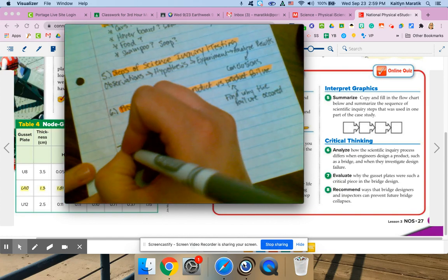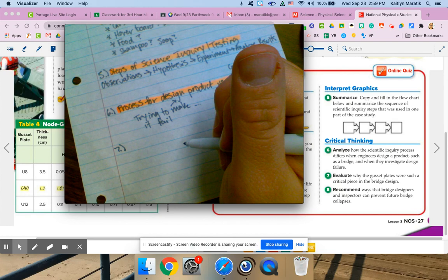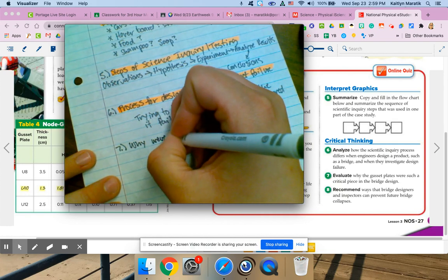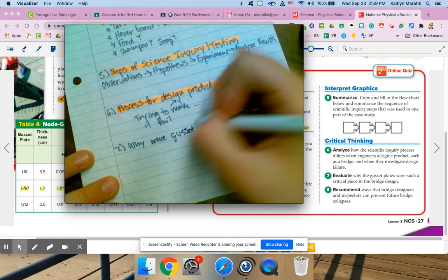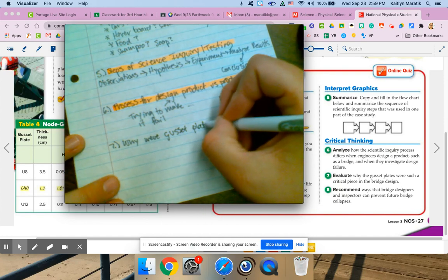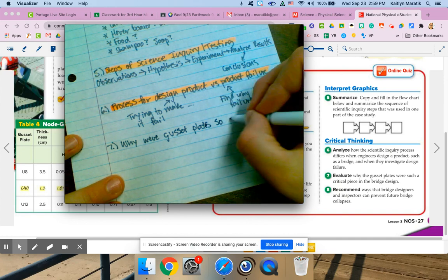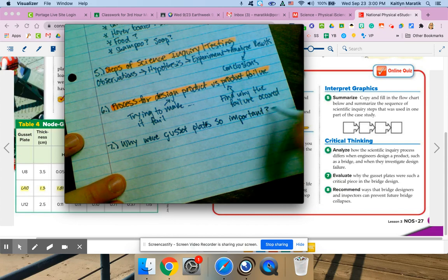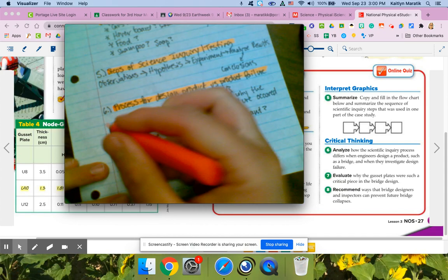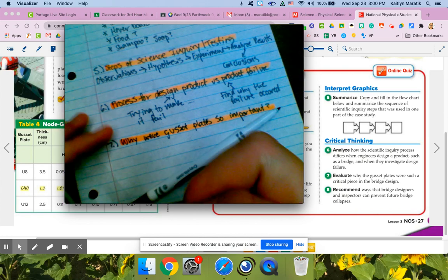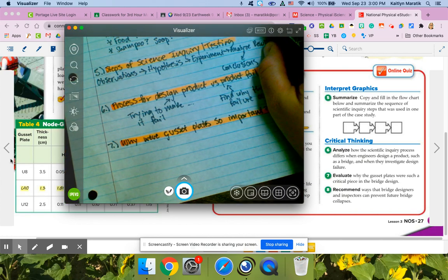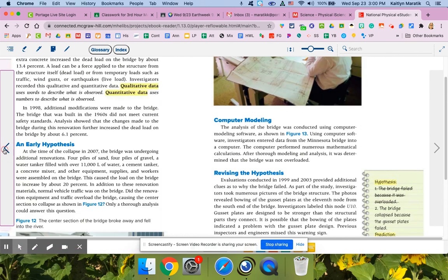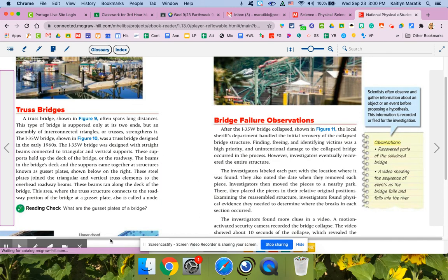So number 7 then. Evaluate why the gusset plates were such a critical piece. So again, you can kind of abbreviate that. So why were these gusset plates so important? If we go back to, let's see, it was this page, and they had this picture.